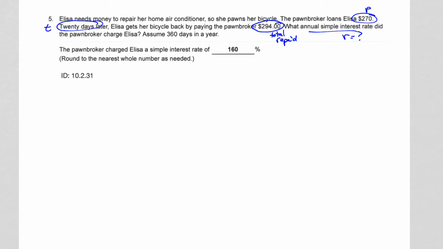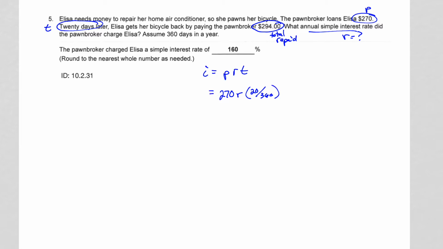We know we have simple interest. 270 is what she borrowed. We don't know R, and we know the time is going to be 20 days out of 360 days.